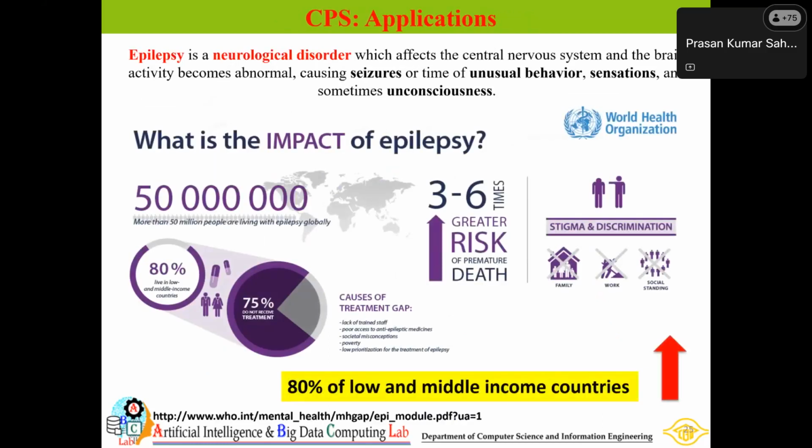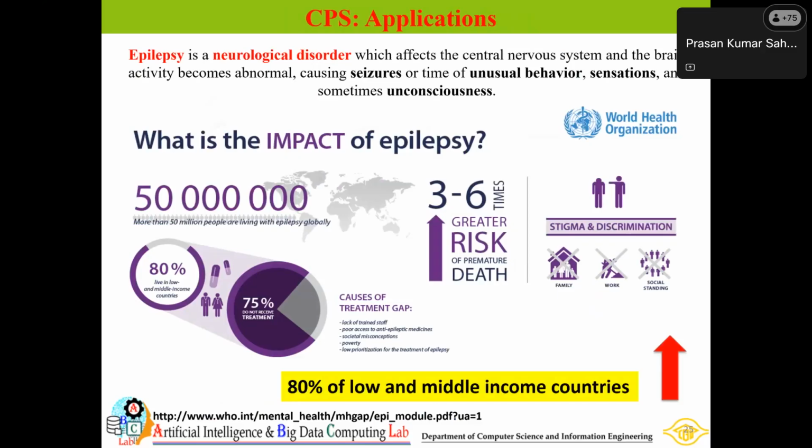In cyber physical system, I'm going to give you one application example related to healthcare, of course related to my research. That's why I thought to put this as an example here. Epilepsy is a neurological disorder.